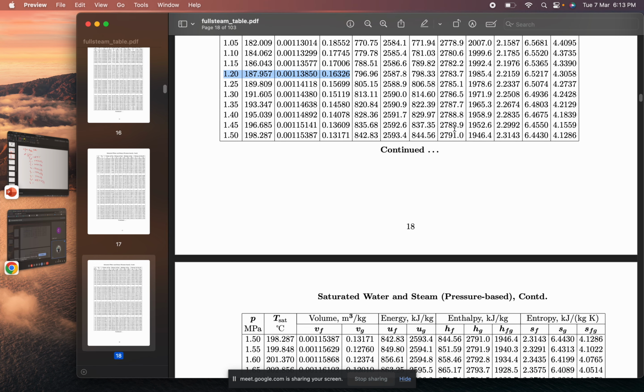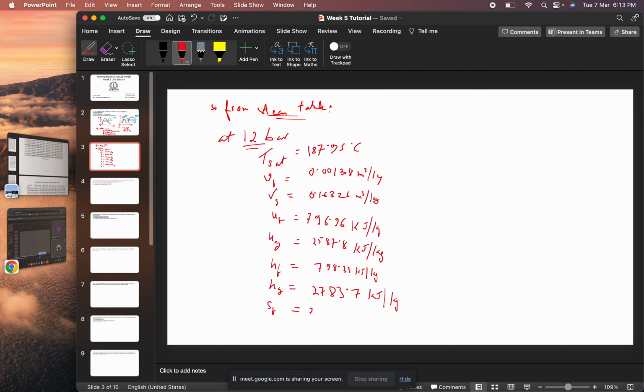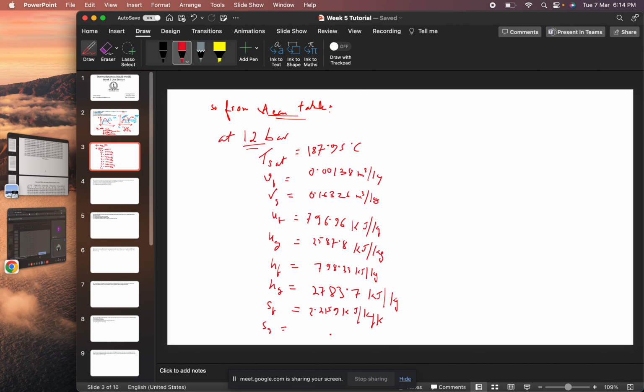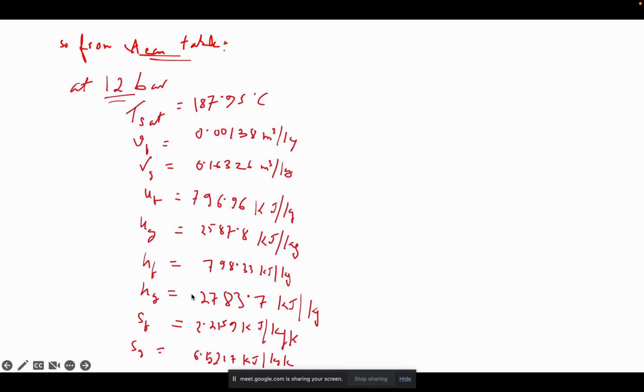Similarly, sf is 2.2159 kilojoule per kg Kelvin, and sg is given as 6.5217 kilojoule per kg Kelvin. So these are the various values at 12 bar, that is 1.2 megapascal.